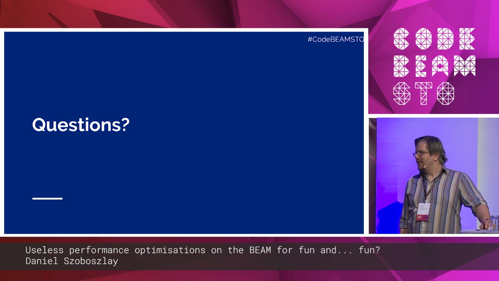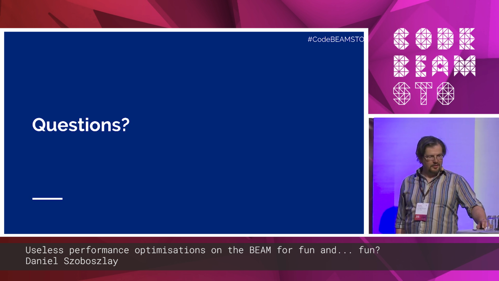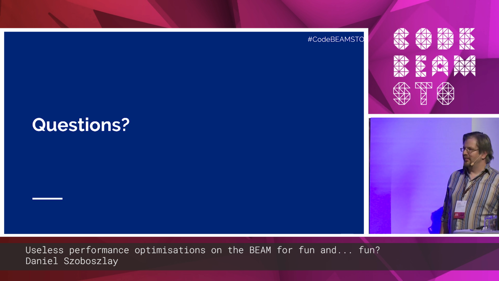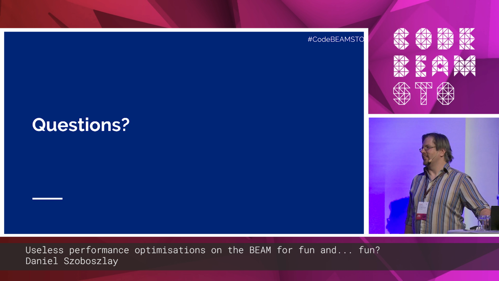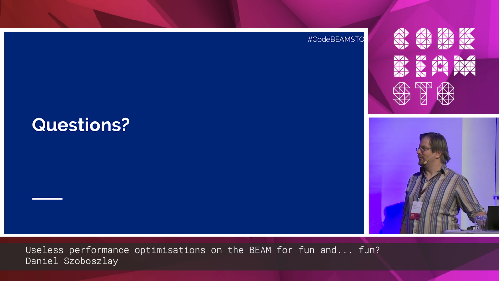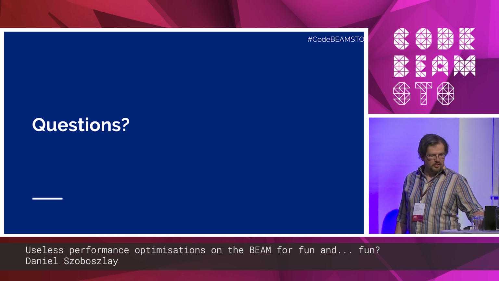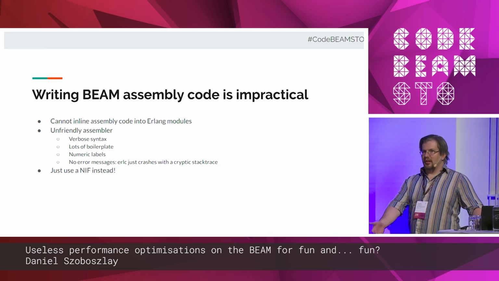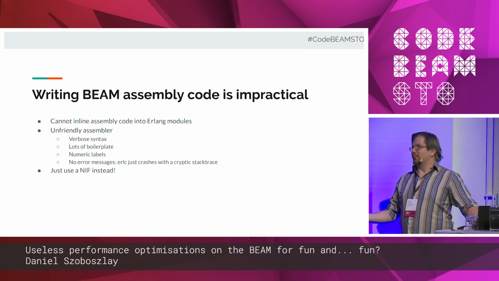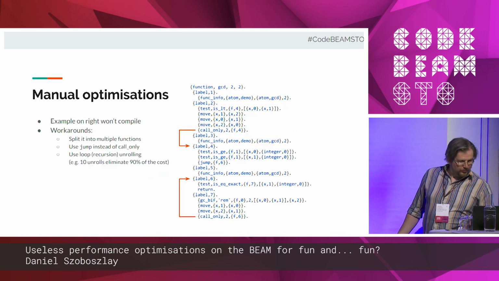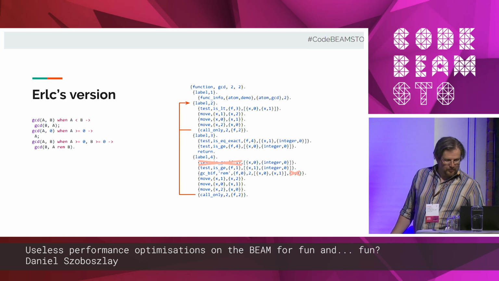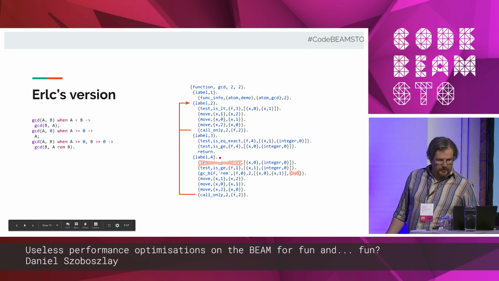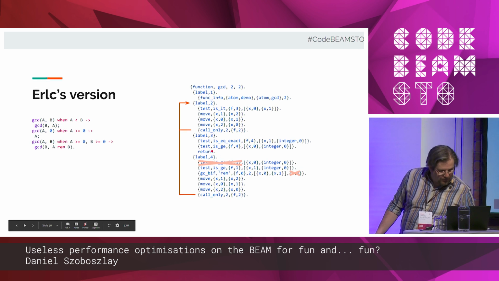I was just curious about one of your first slides. You said that you can't trace BIFs. But you cannot trace things like the plus operator, I think. Yes, it is a function, but where do I have a BIF here?